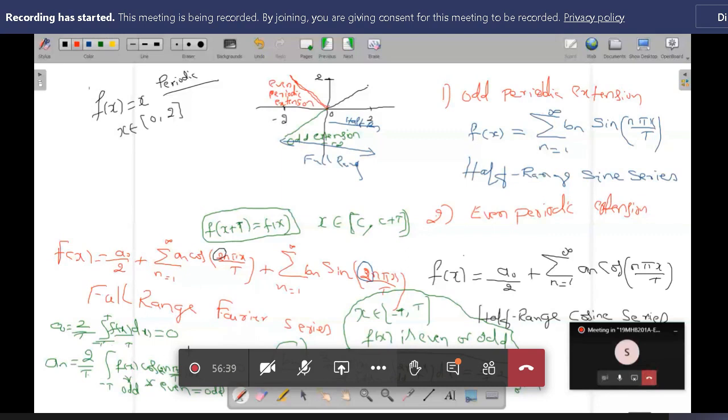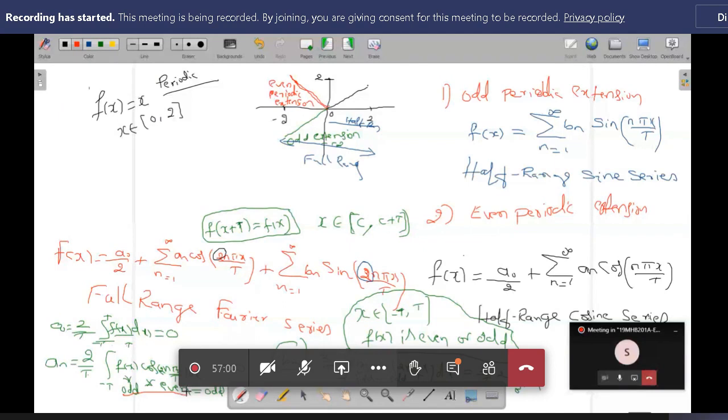If my guess is correct, there we are using the sine term and cosine term separately. Here it is defined with different notations. When it is defined in a full range Fourier series, this is the basic definition we are using.